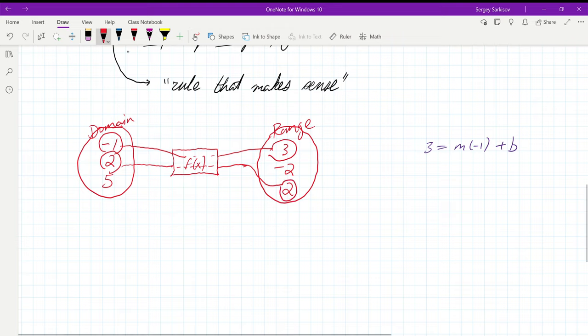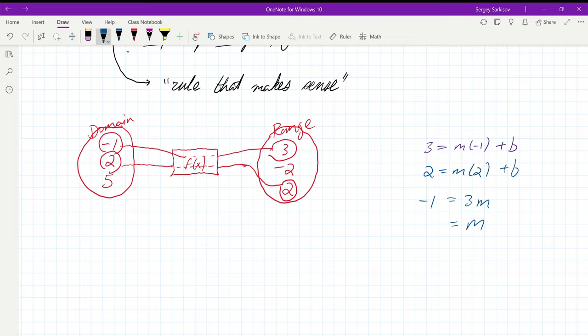Well, maybe you would have the same m, if I'm doing linear, times 2 plus b. And so if I cancel these, I get -1 equal to 3m. So m is equal to -1/3, and b would then be 8/3, and you can check that for me.